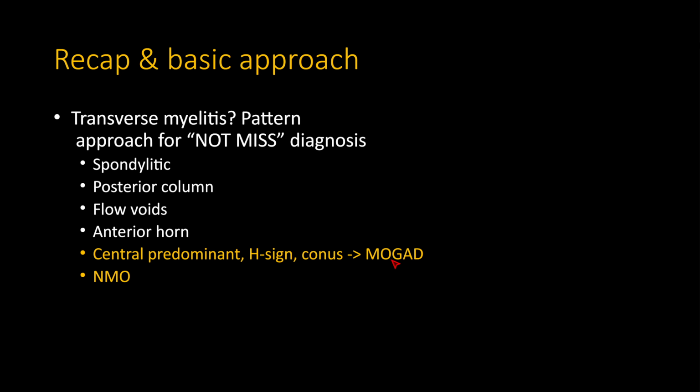That being said, MOGAD and NMO you can always include in the diagnosis of transverse myelitis. Especially NMO should really always be included in the transverse myelitis differential diagnosis, unless you have some of these other more characteristic features in your imaging findings.